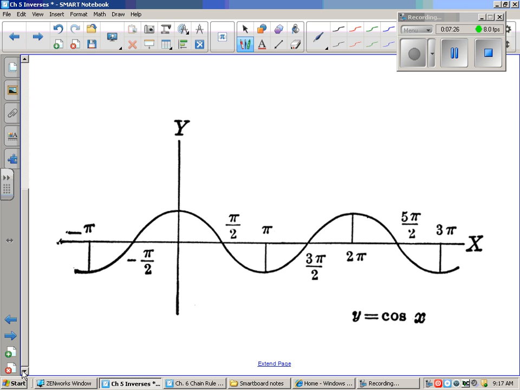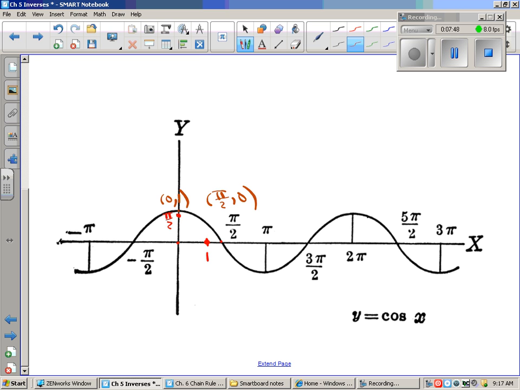So at 0, currently, it's 0, 1. What we're going to do now is it's going to become 1, 0. And then this is the point pi over 2, 0, and so what we're going to do is 0, pi over 2.